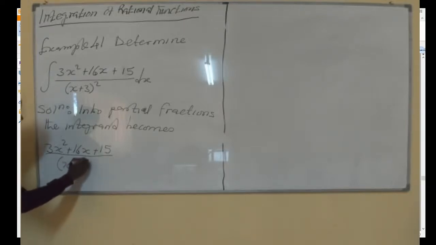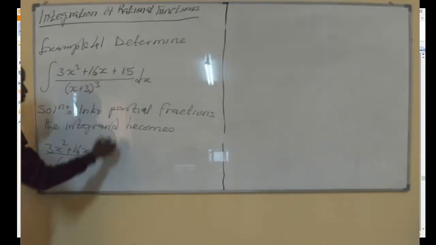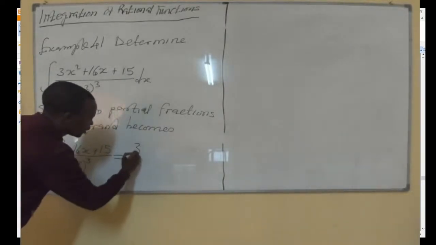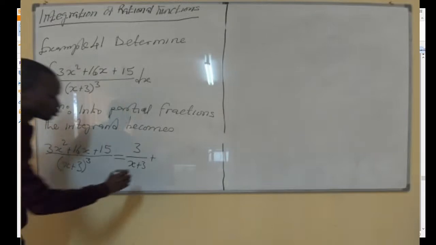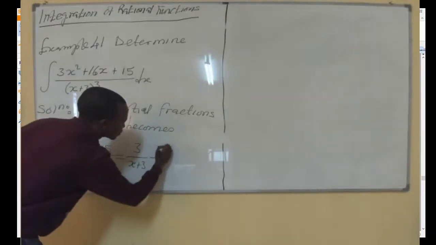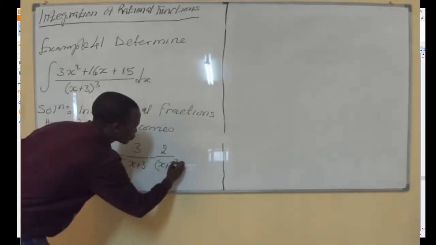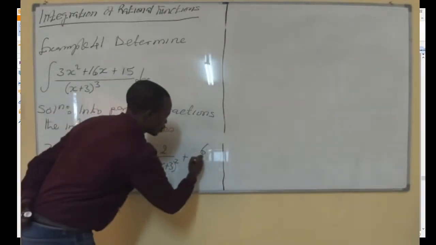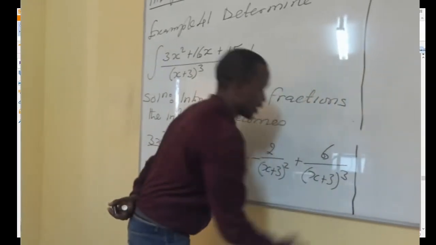Was it squared or power 3? Yeah, power 3. It's power 3, please. Into a sum of partial fractions, this is equal to 3 over x plus 3 minus 2 over x plus 3 squared plus 6 over x plus 3 to the power 3.